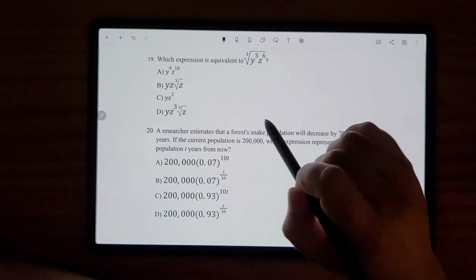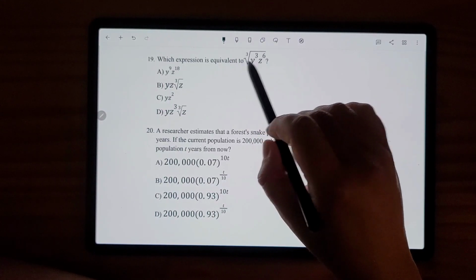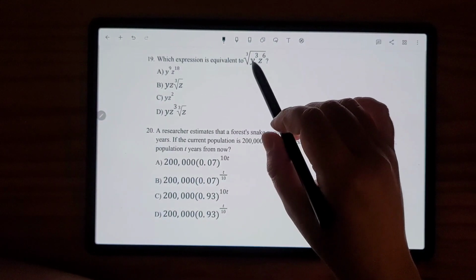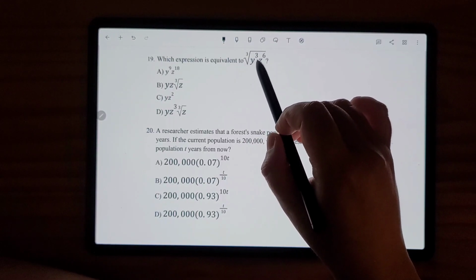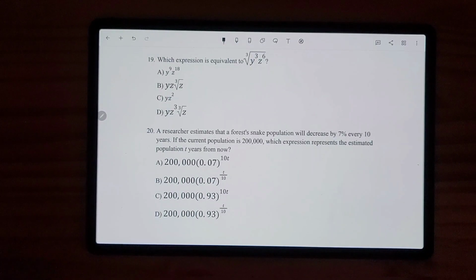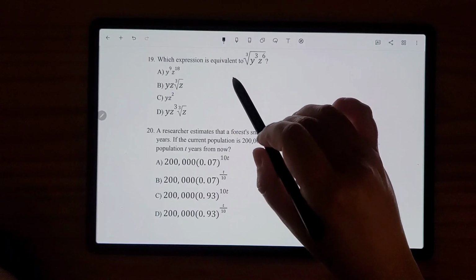Which expression is equivalent to this? So for this, you have to remember that if you're writing equivalent expressions with radicals, one of the rules that you can use is that whatever the exponent is inside the radical, you can turn that into a fractional exponent. Y is to the third on the inside.